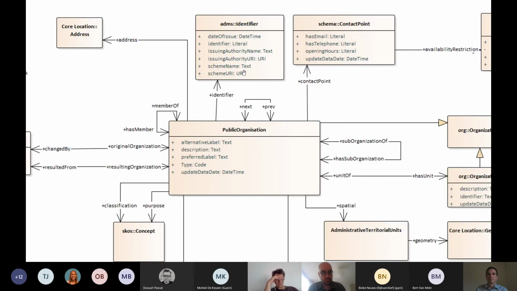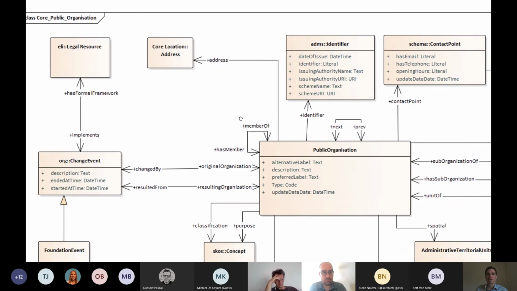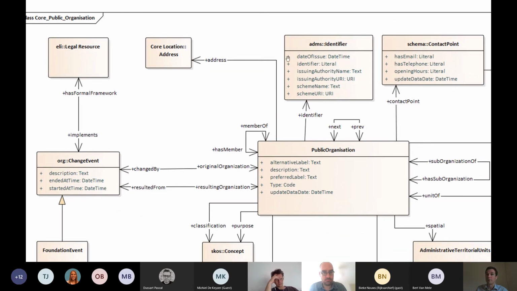What we didn't cover as part of the example is basically the identifier itself, which is a specific class for identifying the organization and who issued this identifier, so the name of the authority that issued it, etc., so that you can also keep track of why this organization exists.